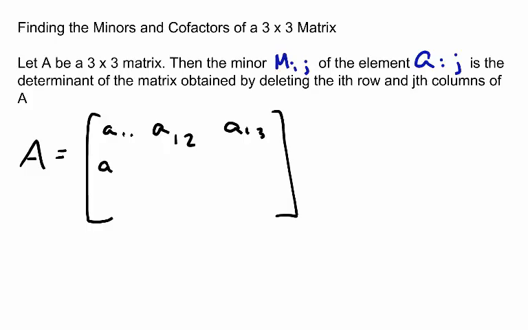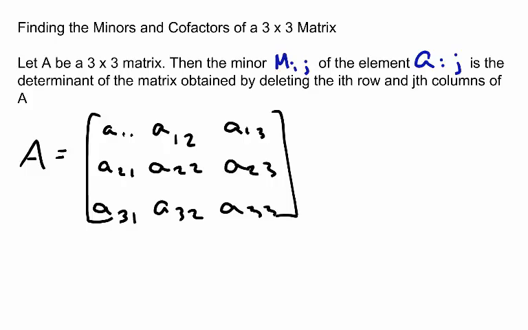In the second row we have A 2,1, A 2,2 and A 2,3 for the second row and first, second, and third columns respectively. Then finally we have A 3,1, A 3,2 and A 3,3.